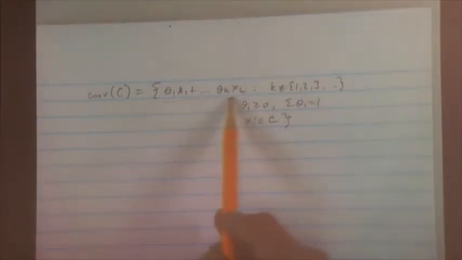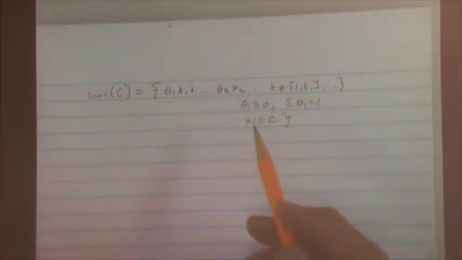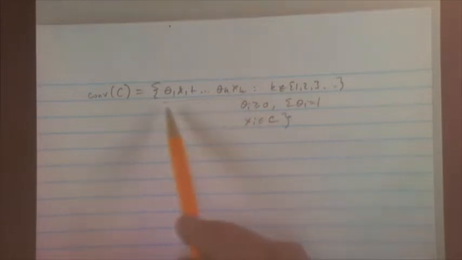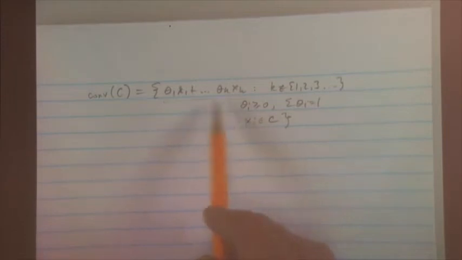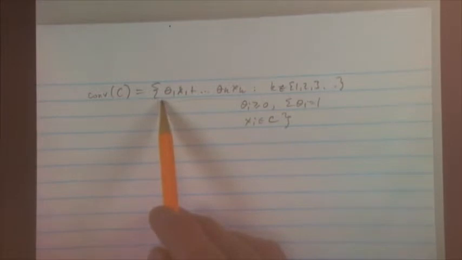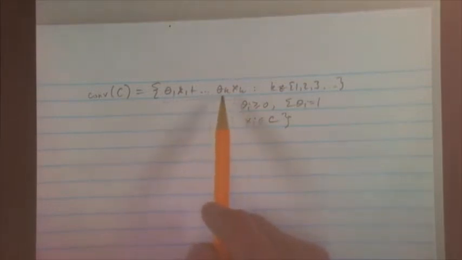So if I had a point x, which was, say, the sum of theta_1 x_1 through theta_k x_k, and I had a point y, which was the sum of, I don't know, call it, c_1 y_1 through c_m y_m, both of them being convex combinations of points in the set, then tx plus (1 minus t)y is going to look like a convex combination of points again after I just move the t through this sum. So t times x looks like t theta_1 x_1 plus dot dot dot t theta_k x_k, right?